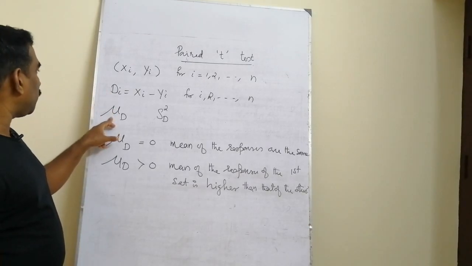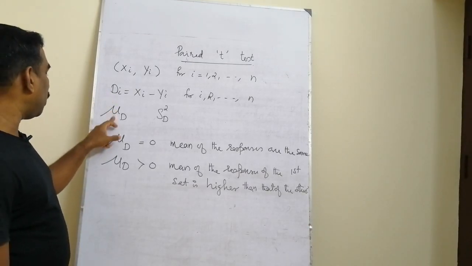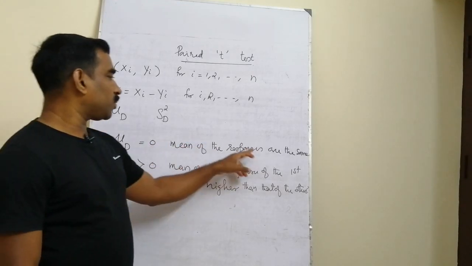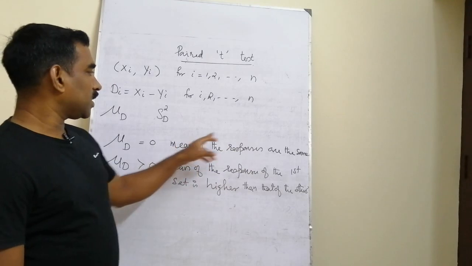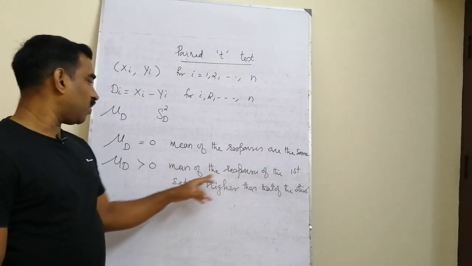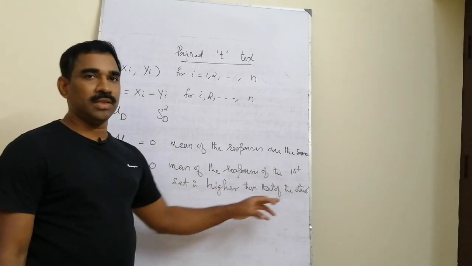If mu d is the population mean of the deviations, then mu d equal to 0 simply means that the mean of the responses of the two sets are the same. And mu d greater than 0 means the mean of the responses of the first set is higher than that of the other.